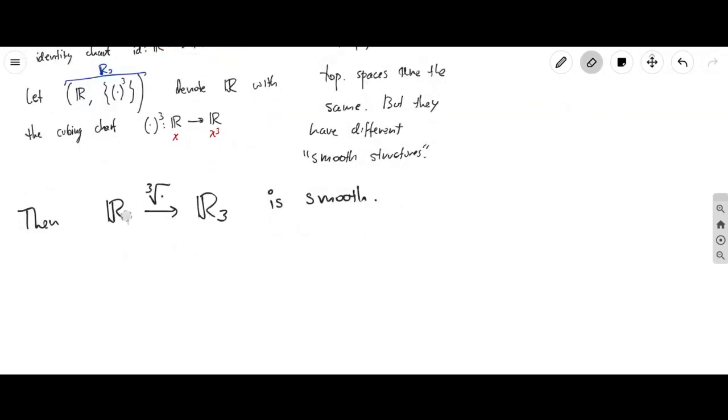You pick something in the atlas. There's only one thing in the atlas. It's just R. This is the identity map. You pick something else in the atlas for this one. This is just R. This is the cubing map. And then if we think this through, this is X. X gets sent to X. X gets sent to X cubed. And then the inverse, well, this is the cube root of X.